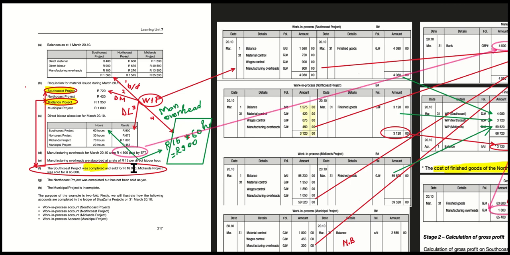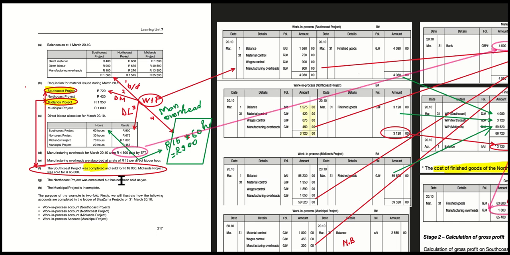That 15 Rand per direct labor hour will be so important to provide all our overheads, because we're just going to look at the direct labor hours multiplied by the rate that was provided to us, which will provide us all the actual overhead for March, for South Coast project, North Coast project, Midlands project, municipal project. Just a bit of a twist of tongue there.